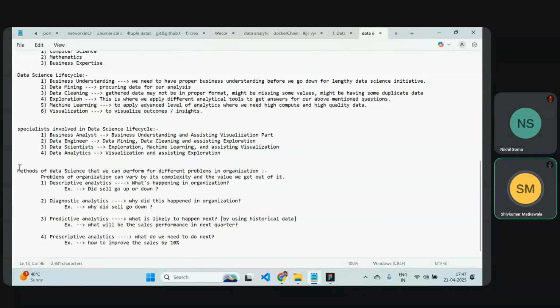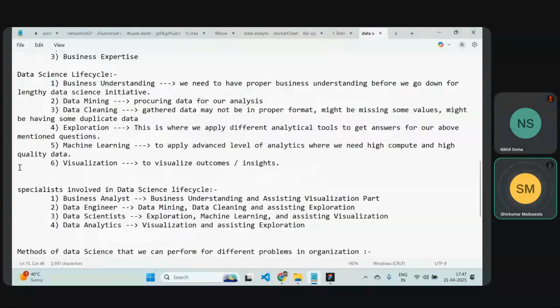The business problems can be different, and according to the business problem you have different questions, and those questions can be answered with different methods of data science. So let's understand about those methods.